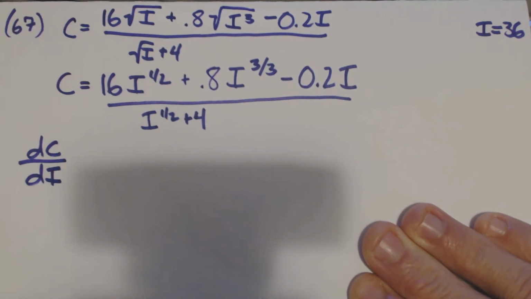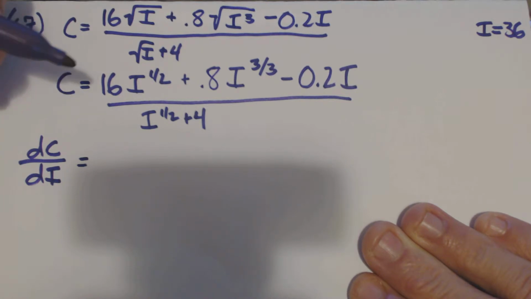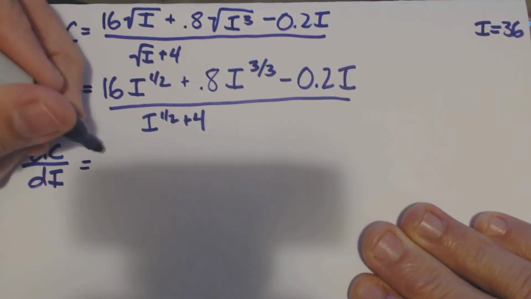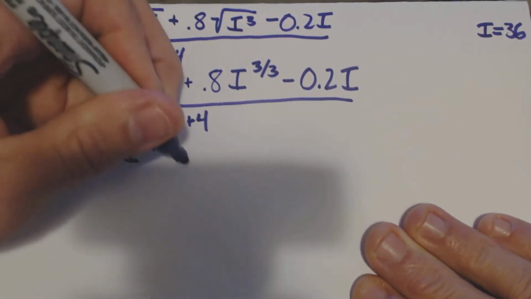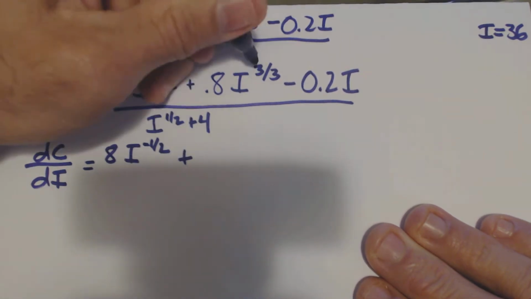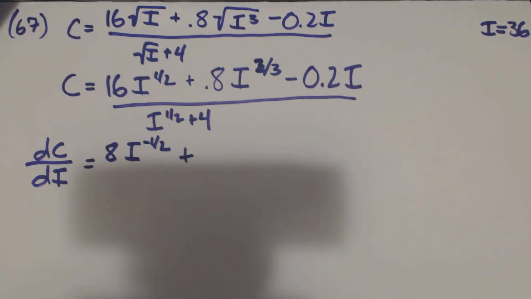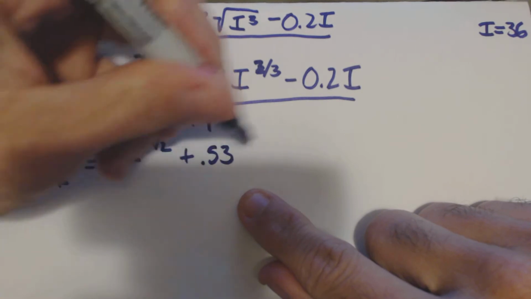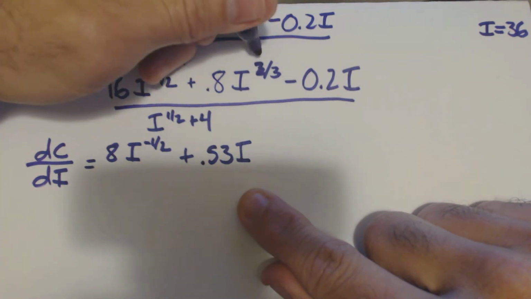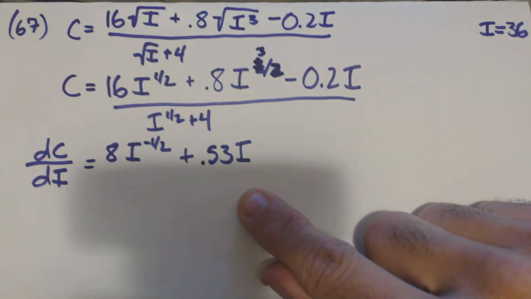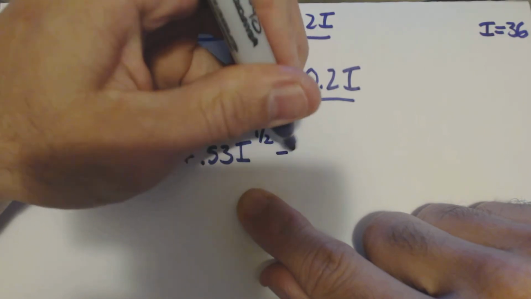So dC/dI, the marginal propensity to consume, is equal to the derivative of the top function, which is 1/2 times 16, so that's 8 times I raised to the negative 1/2 power, plus 0.8 times 2/3, which is 0.53, times I raised to the 3/2 minus 1, which is 2/2, so we're left with 1/2, minus 0.2.